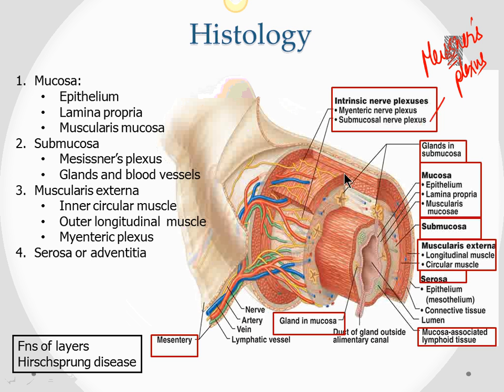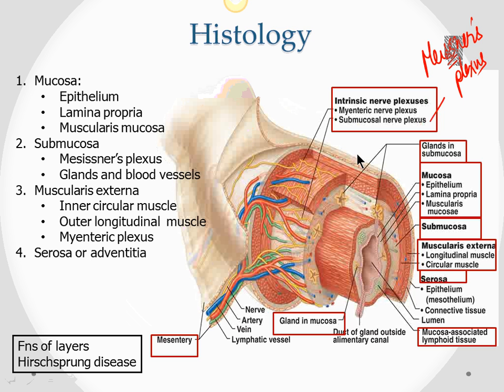Next to that, the next outer layer, it's called muscularis externa, because now this is on the outside. This muscularis mucosa is also known as muscularis interna sometimes. So this one is called muscularis externa with an inner circular and an outer longitudinal layer. So the circular constricts and the longitudinal goes over the constriction, and both together help in peristalsis.